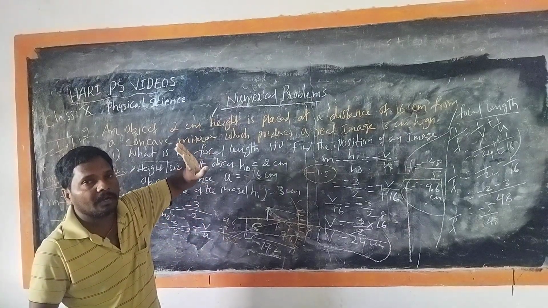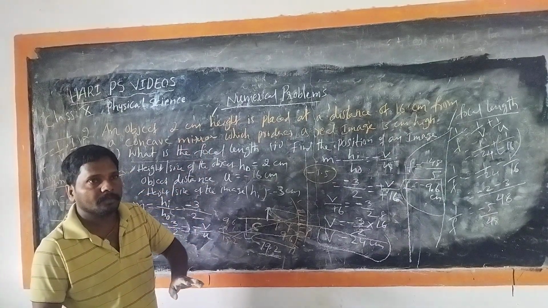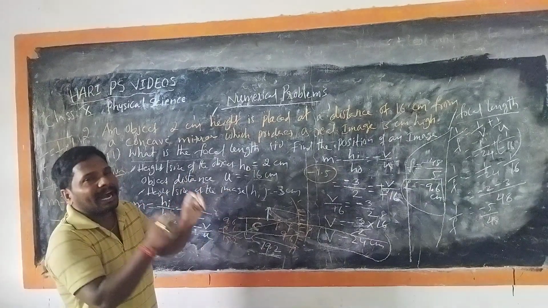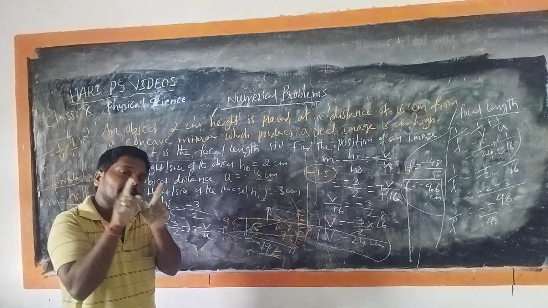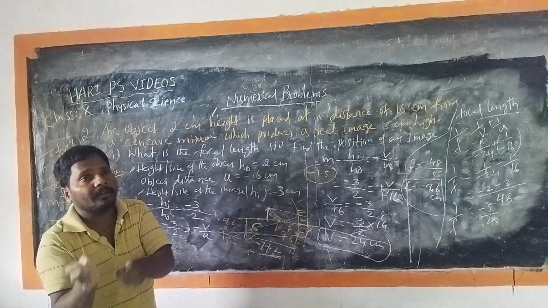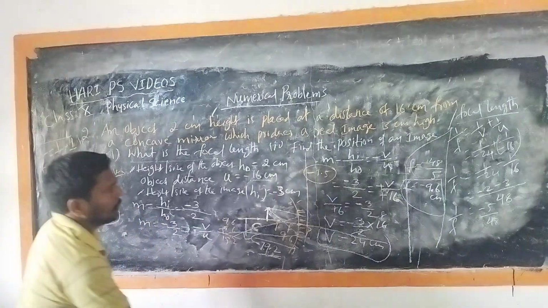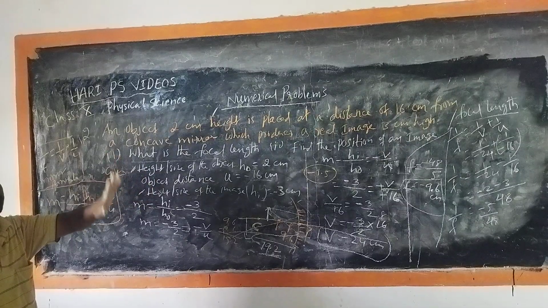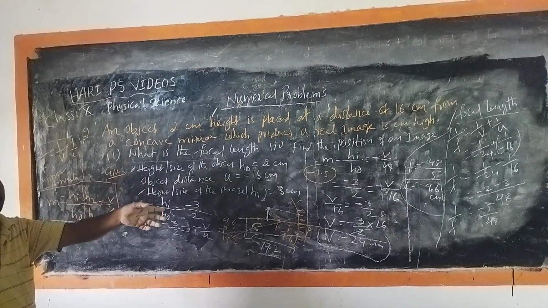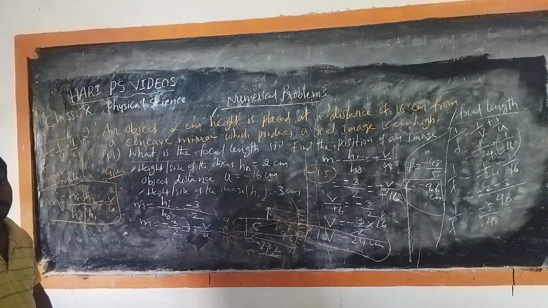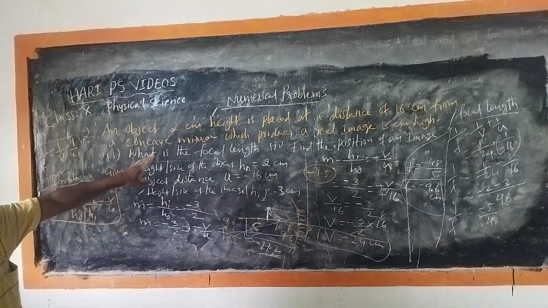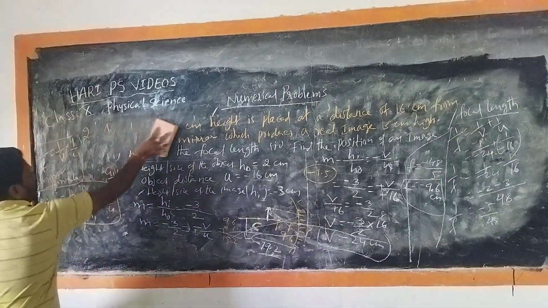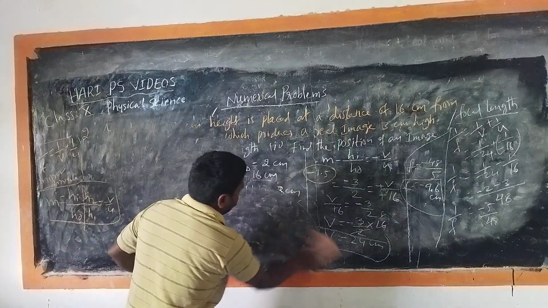Apply the suitable formula and understand the given values. When you understand the given values, you get the idea which formula to use. When you know the position of the object, it is very easy to know the position of the image. So two problems were regarding the concave mirror. Let us discuss one more problem.